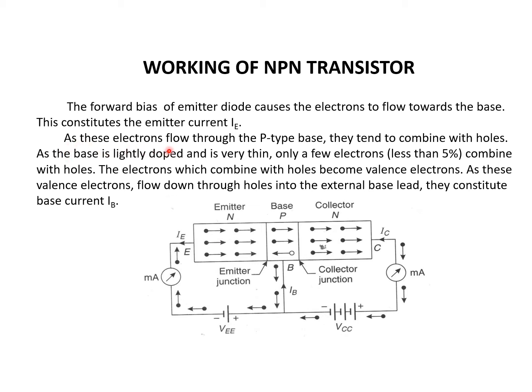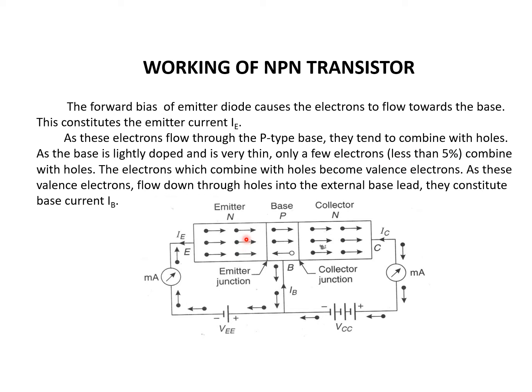Now, as these electrons flow through the P-type base, in P-type semiconductor, the holes are majority charge carriers. So, these electrons tend to combine with holes. The electrons which are traveling from emitter to base are in a position to combine with holes, but the base region is lightly doped and very thin, hence only a few electrons, less than 5%.